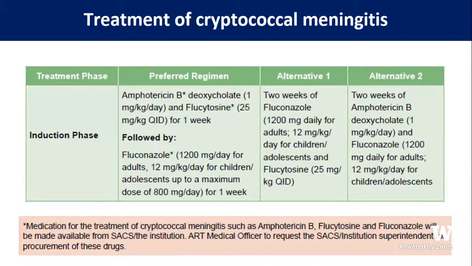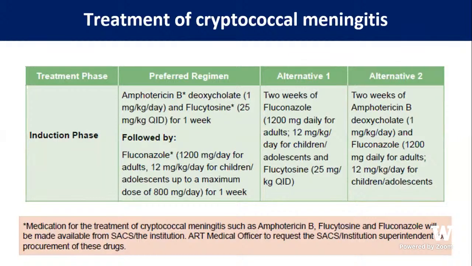Next. So let us look at the treatment of cryptococcal meningitis. This is a person in whom we have done a CSF and we have proven either through CRAG or through India ink or through culture that the patient has CM. How do you treat it? You treat it again with an induction phase, a consolidation phase, and a maintenance phase. You give induction phase treatment with amphotericin B, 1 milligram per kg per day, and flucytosine, 25 milligram per kg for 1 week, which is followed by fluconazole 1200 milligram per day for adults or 12 milligram per kg per day for children and adolescents.